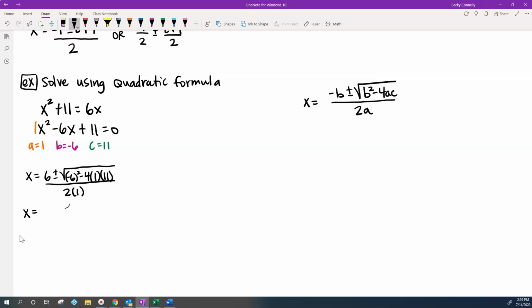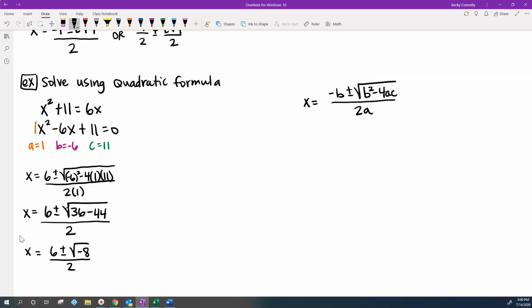Okay, then from here, let's keep going and see what we have. So this -6 all squared is really +36, right? And then when I multiply those together, we're going to have -44 all over 2. Right, so I keep going. Let's simplify this more. 6 plus or minus the square root of -8 all over 2.